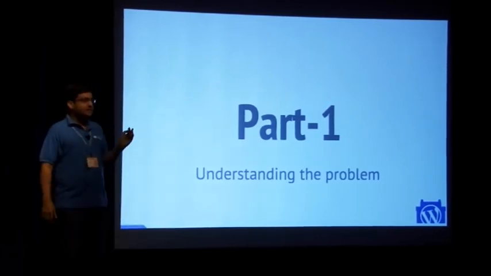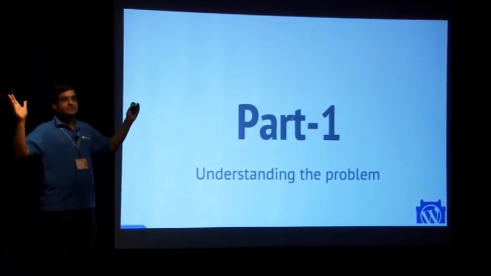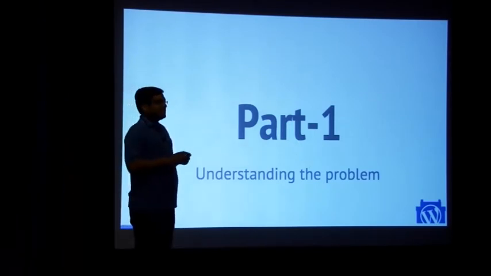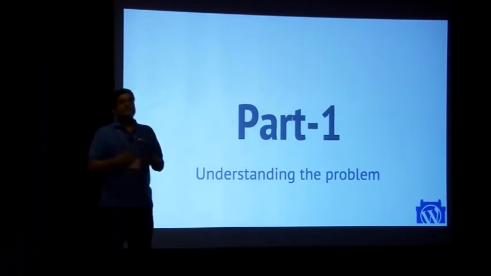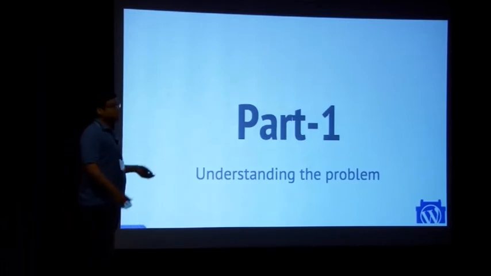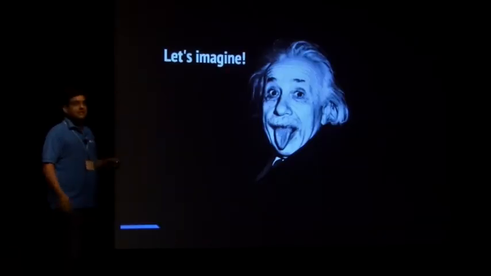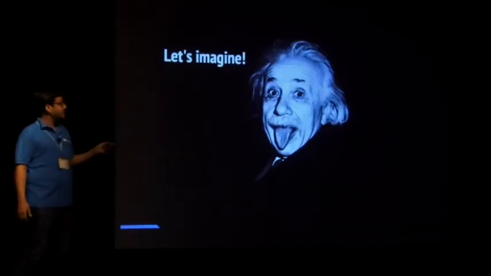WordPress is big: blogging, WooCommerce, e-commerce, social network. So rather than getting into technical things, I'm using some analogy. Please run your imagination, and I will first explain what problem we are trying to solve here.